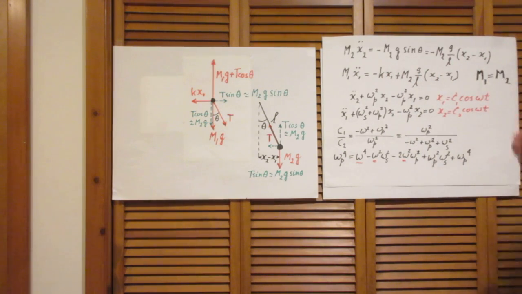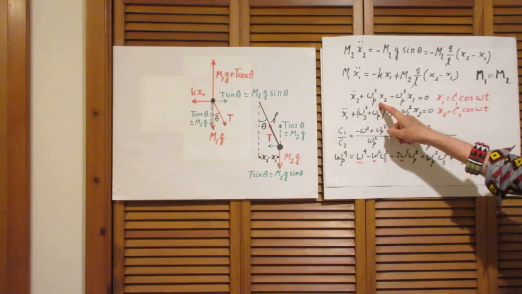K over m is the square of the frequency of the spring. Remember, omega of the spring is the square root of K over m. And so we're going to rearrange things a little bit, and I'm sure you can do that on your own.